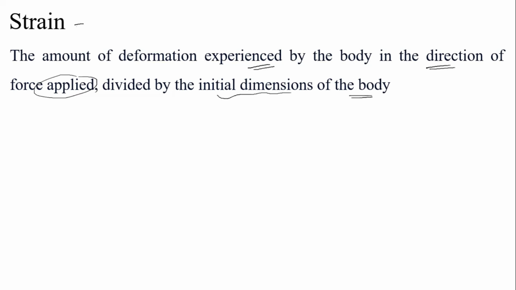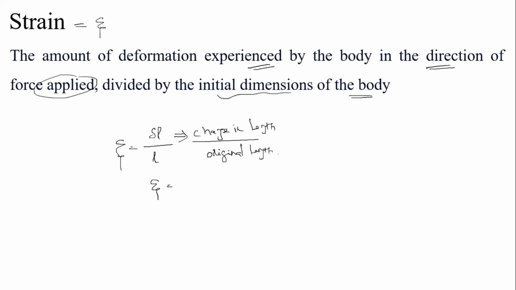Strain is denoted by epsilon, which is equal to change in length delta L divided by original length, right?